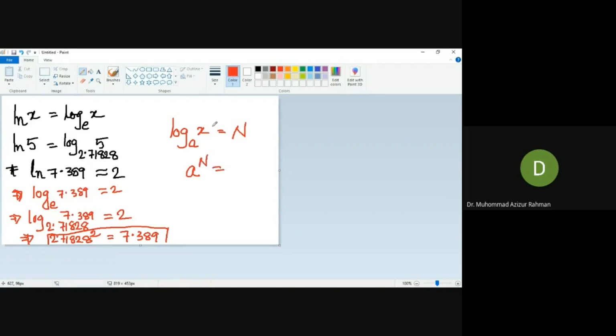In this way we can convert from one form to the other.